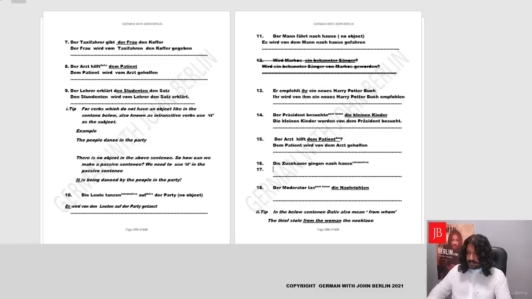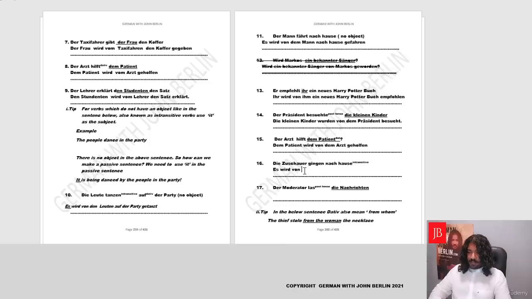Okay, so the next sentence says, die Zuschauer gingen nach Hause. The Zuschauer are like your audience. The audience goes home. So if you see here, there is no direct object or indirect object. There is just a preposition and an adverb, which means at home. So we need to use the rule of when there is no object in a sentence, we introduce es. So we say es wird, it's being. The es wird von is dative, so Zuschauer is plural.